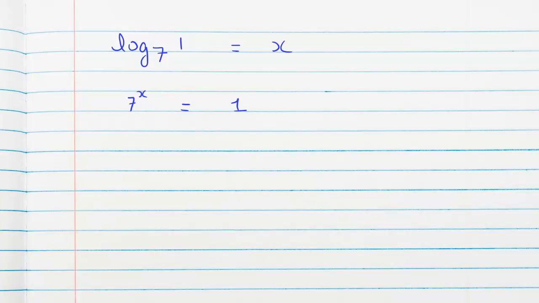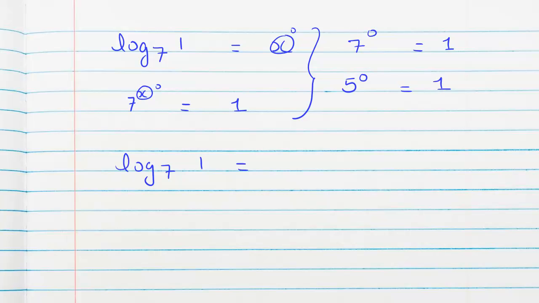If you studied exponents carefully, we learned that any number, let's say 7 or 5, as long as it has a power of 0, the answer will be 1. So this is nothing but 0, and this is also 0. So log base 7 of 1 is 0, or in the exponent form it is 7 to the power of 0 is 1.